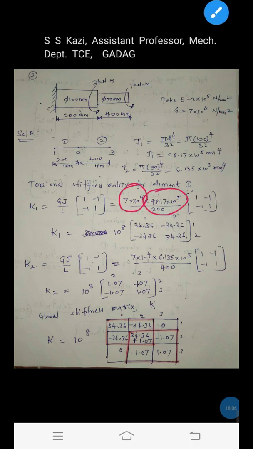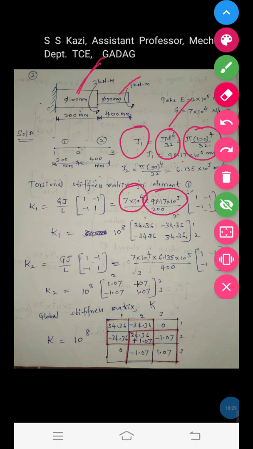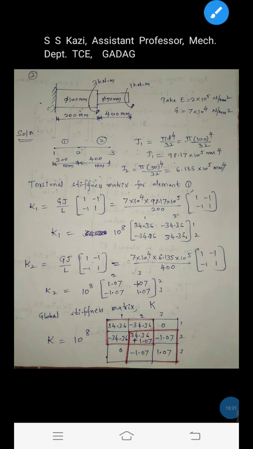And what is the J value? Okay, now here the first step has diameter 100 mm and the second step has 50 mm, hence the J value differs. For element 1, J1 I have calculated here as pi d raised to 4 by 32, that is the formula to find the polar moment of inertia for a solid shaft, and you just substitute the diameter 100 mm. If you calculate this ratio, pi d raised to 4 by 32, we get J1 as 98.17 into 10 raised to 5 mm raised to 4.